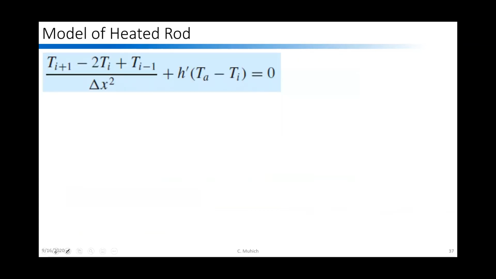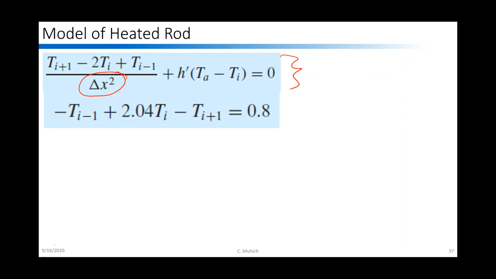But let me cut to the chase and say that we can model this heat transfer using this equation, where the temperature at any point along that rod can be solved for: (Ti+1 minus 2Ti plus Ti-1) over delta x squared, plus our heat transfer coefficient times (T ambient minus Ti) equals 0. In this case, this delta x is the spacing along the rod, how often we want to know the exact temperature.